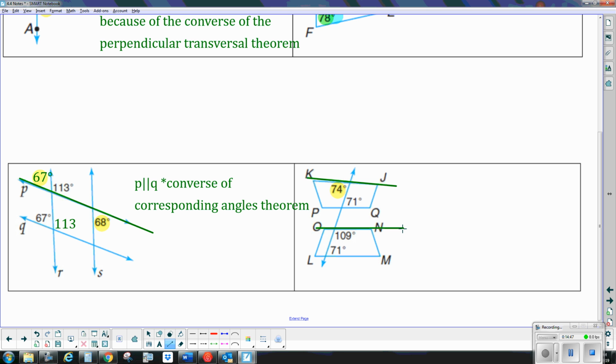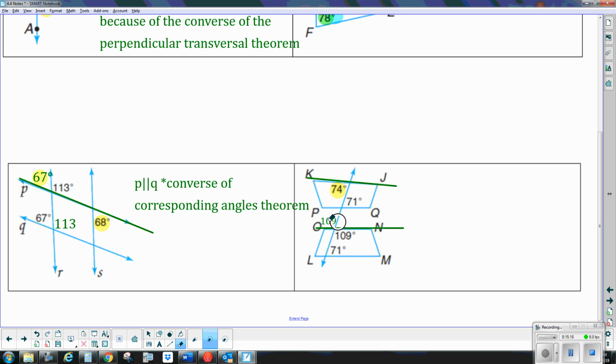Well, if they are parallel, then consecutive interior angles will be supplementary. I know that this angle right here is 109 because it's a vertical angle to the angle that I'm given. And my consecutive interior angles will be 109 and 74. Those do not add up to 180, therefore KJ is not parallel to ON.